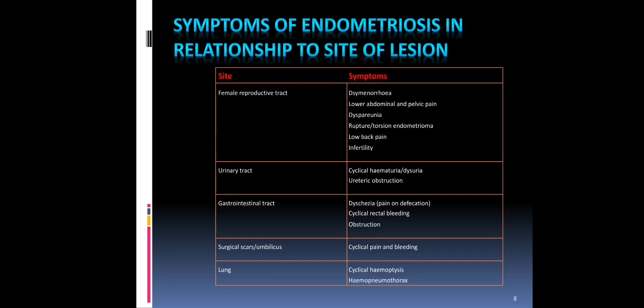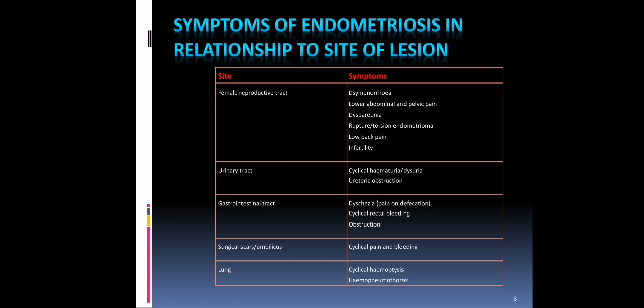The commonest symptoms of endometriosis, in relation to the site of the lesion: if the female reproductive tract is involved, it will cause dysmenorrhea, lower abdominal and pelvic pain, dyspareunia, rupture or torsion of endometriomas, low back pain, and infertility. If the urinary tract is involved, there can be cyclical hematuria, dysuria, ureteric obstruction.